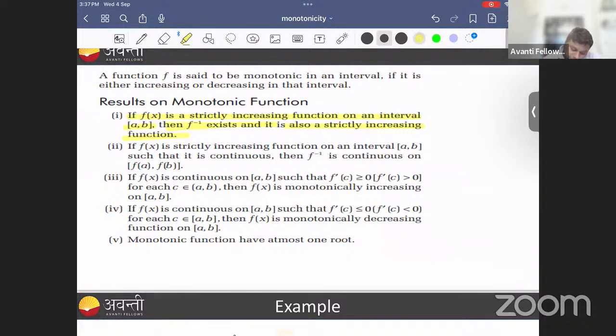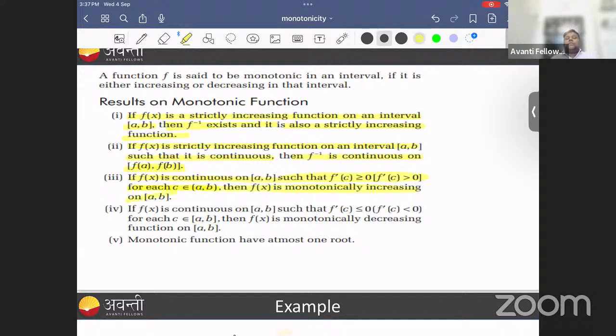If f(x) is a strictly increasing function on the interval a to b such that it is continuous, then f inverse is continuous in f(a) to f(b). This is an obvious point. If f(x) is continuous in a to b such that f dash c is more than or equal to 0 for each c belonging to a to b, then f(x) is monotonically increasing on a to b.